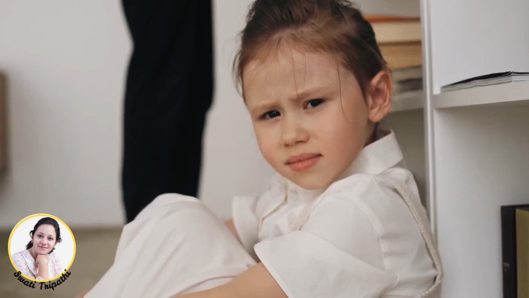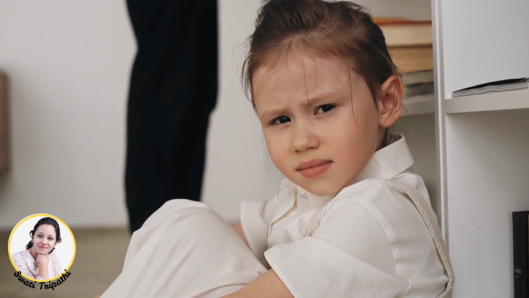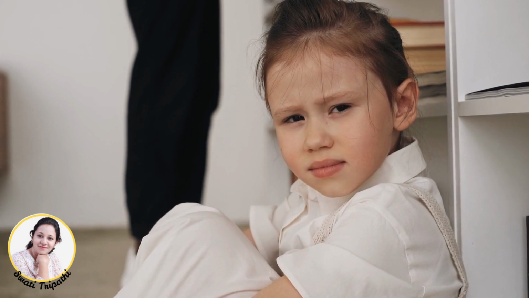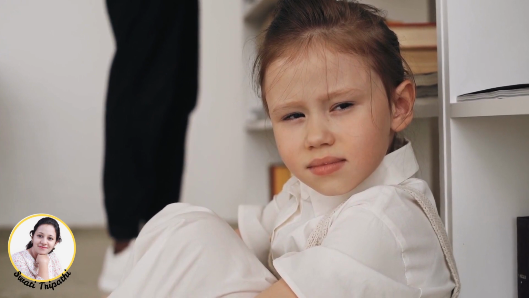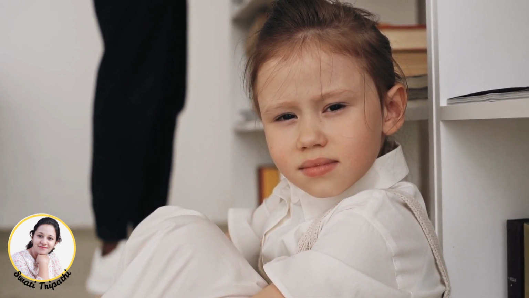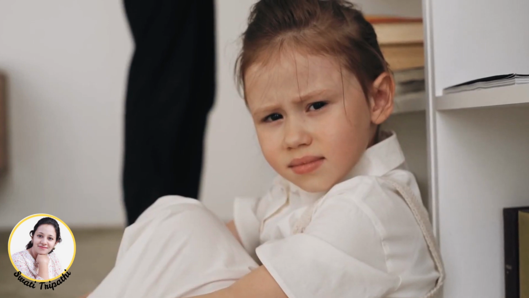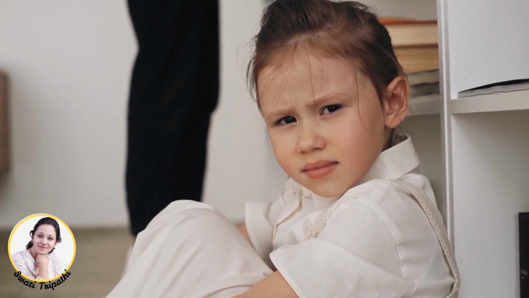Because sometimes we will say, oh, how his mother is just going for the job and she's not taking care. When we say these kinds of sentences in front of the child, they have feelings. Their emotions will get hurt. And at that time, they'll close the relationship with you. The teacher is not good.